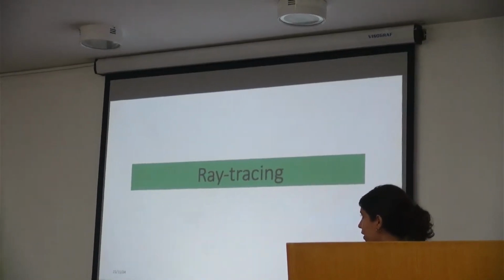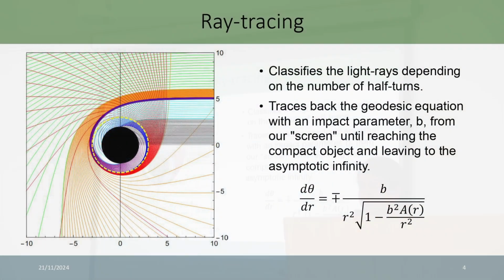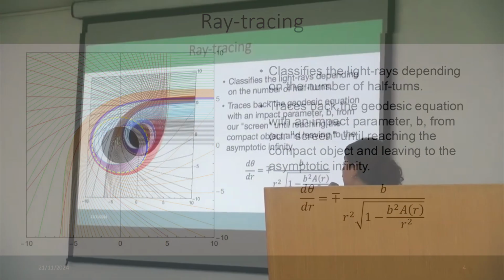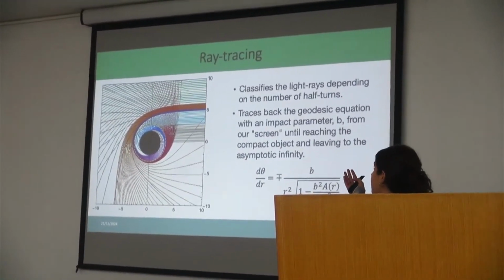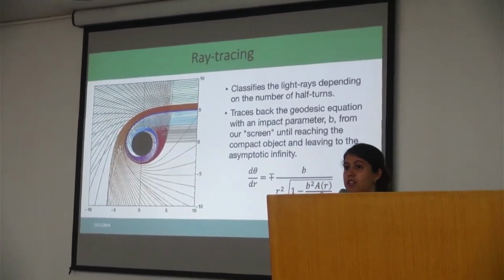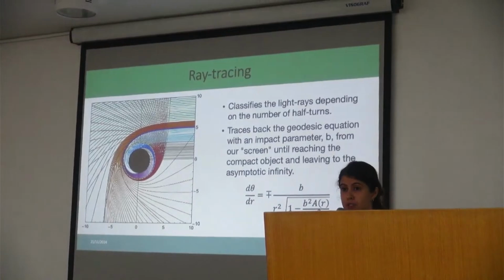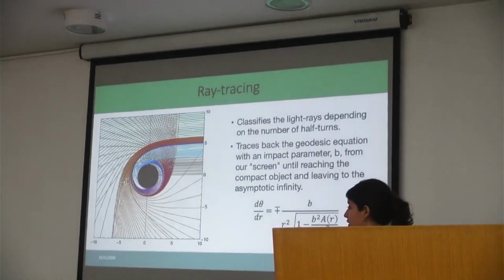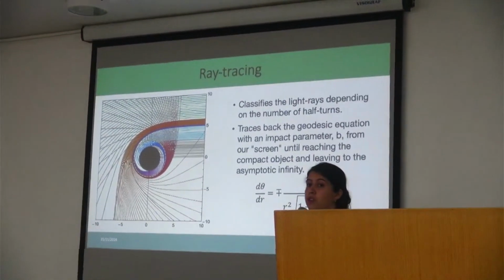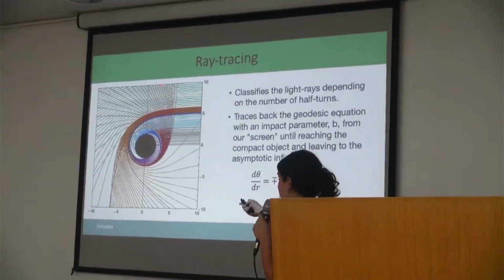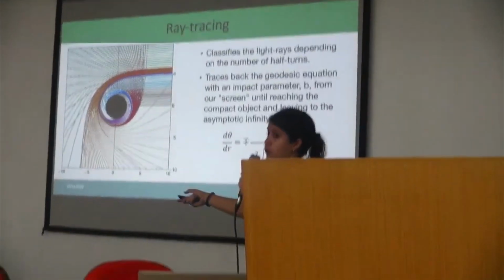Here we are going to consider the Schwarzschild black hole. Basically, the ray tracing classifies the light rays depending on the number of half turns. Why? Because at the end of the day, we are going to have an accretion disk. Imagine that in this vertical axis we have an accretion disk.